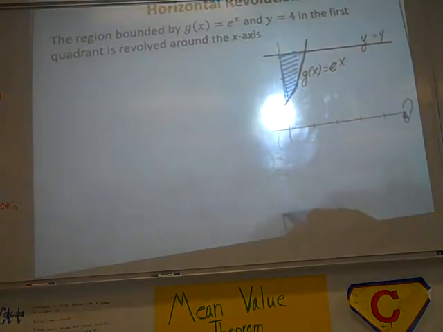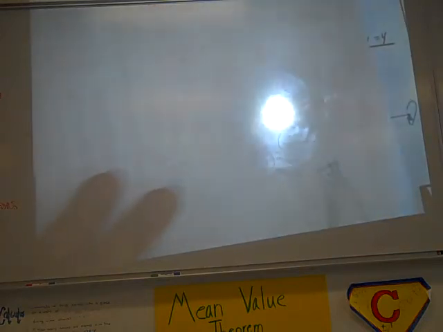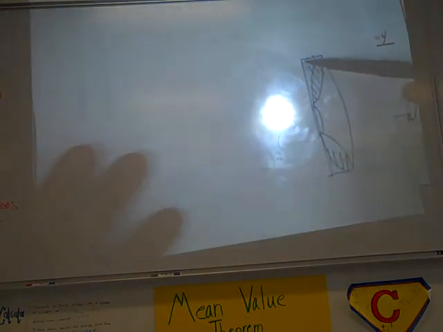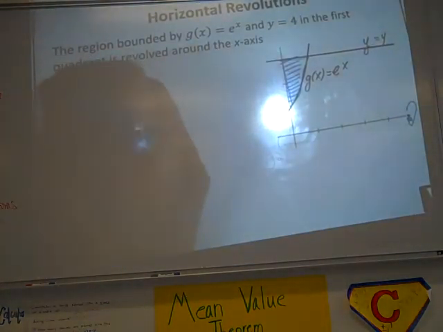It looks to me like the object looks something like this. Yep, now I have evidence. I've told everyone on the planet that I really can't draw. When I revolve that region around the x-axis, I'm going to get something like that. I've got this region up here, it's spinning, but I've got this part in the middle where it's empty. There's a hole there.